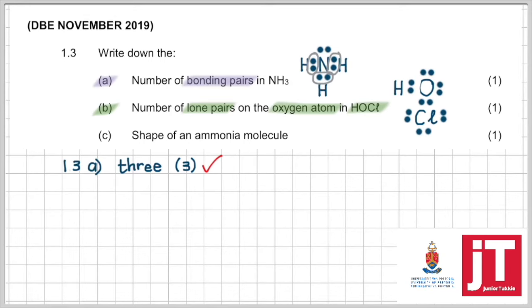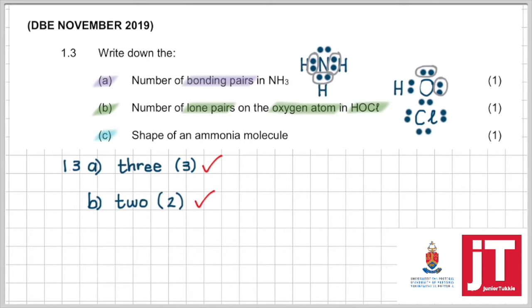Be careful, there are also lone pairs on the chlorine atom, but we want the lone pairs on the oxygen atom, which we count as 1, 2. There are 2 lone pairs on the oxygen atom. The other 2 pairs are bonding pairs between oxygen and hydrogen and oxygen and chlorine. So the answer to question 1.3b is 2. And for writing this down, ladies and gentlemen, you obtain 1 mark.